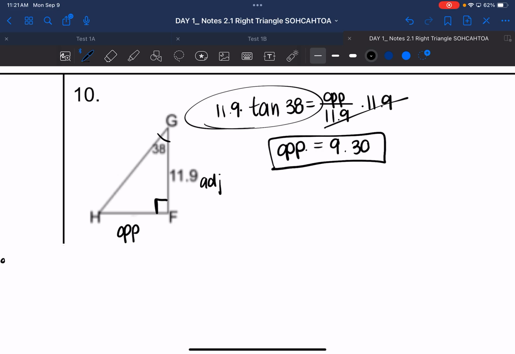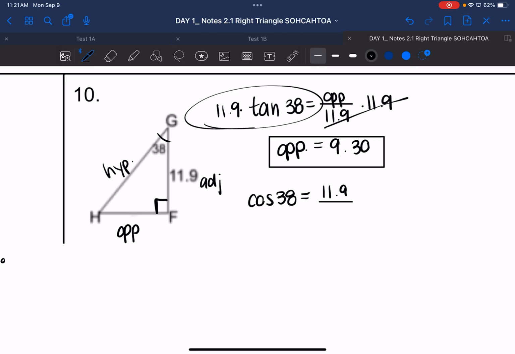All right, so now I just need to find the hypotenuse. Which trig ratio am I going to have to use for that? Cosine. So cosine of 38 is equal to adjacent, which we know is 11.9, over that hypotenuse.